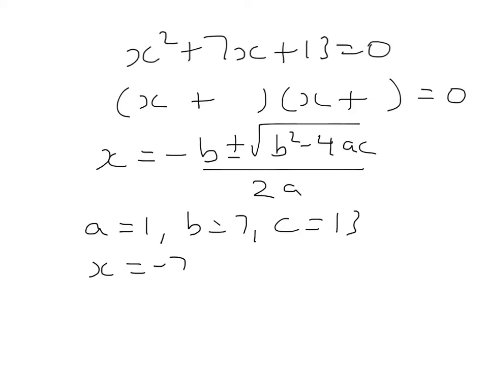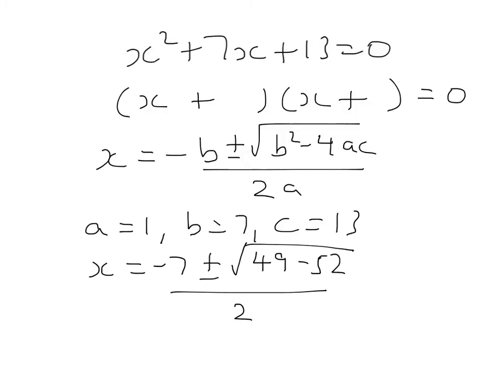So x is minus 7 plus or minus the square root of b squared minus 4 times 1 times 13. 4 times 1 times 13 is 52, all over 2a. So it's minus 7 plus or minus the square root of minus 3 over 2. Now the square root of minus 3 is not a real number, so therefore there's no real solutions.